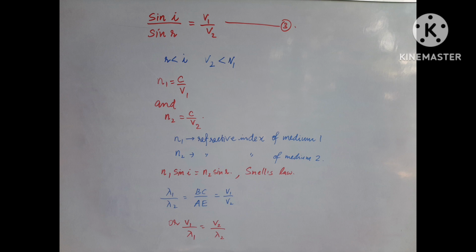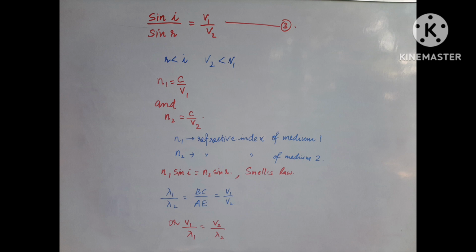So it says that if in the second medium the light bends towards the normal, that is R is less than I, then the velocity in the second medium must be less than the velocity in the first medium. v2 is less than v1.